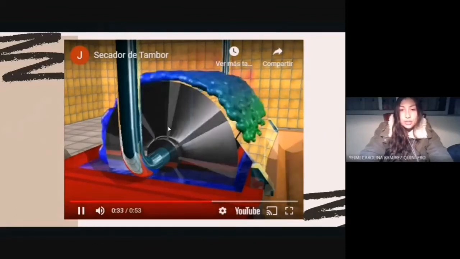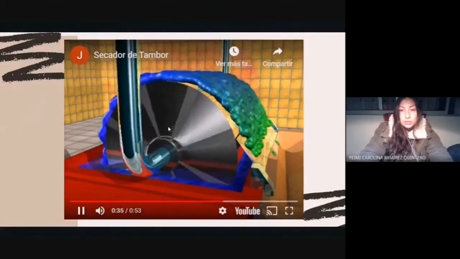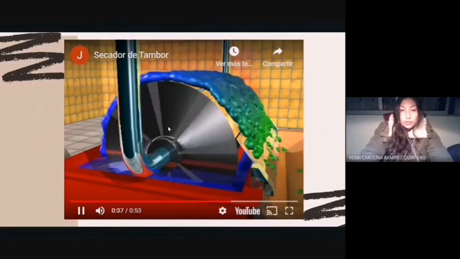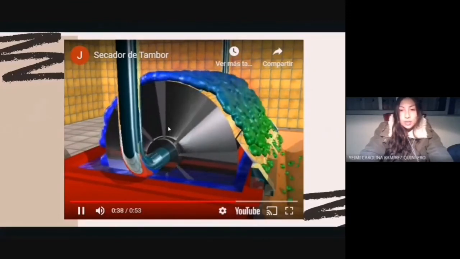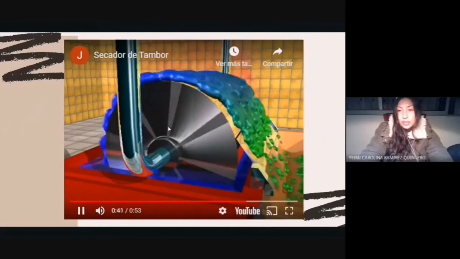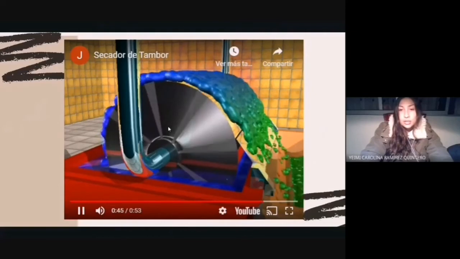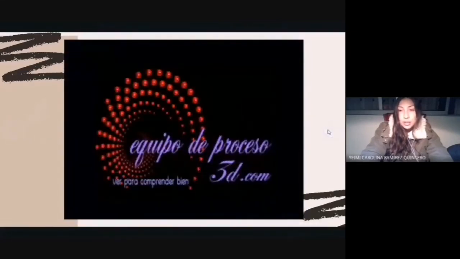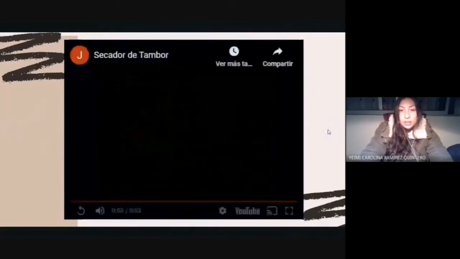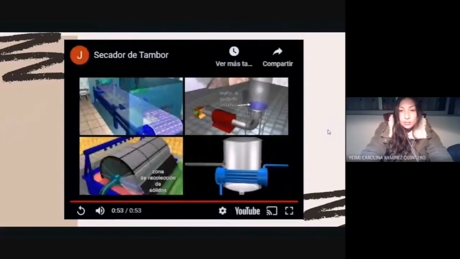The dry material is continuously scraped from the drum surface by means of a knife and collected in the form of flakes. For a dryer of this type, the factor that controls the drying process is the transfer of heat, since the liquid is initially heated towards its boiling point, and then the moisture is released by boiling at constant temperature. Next, please.